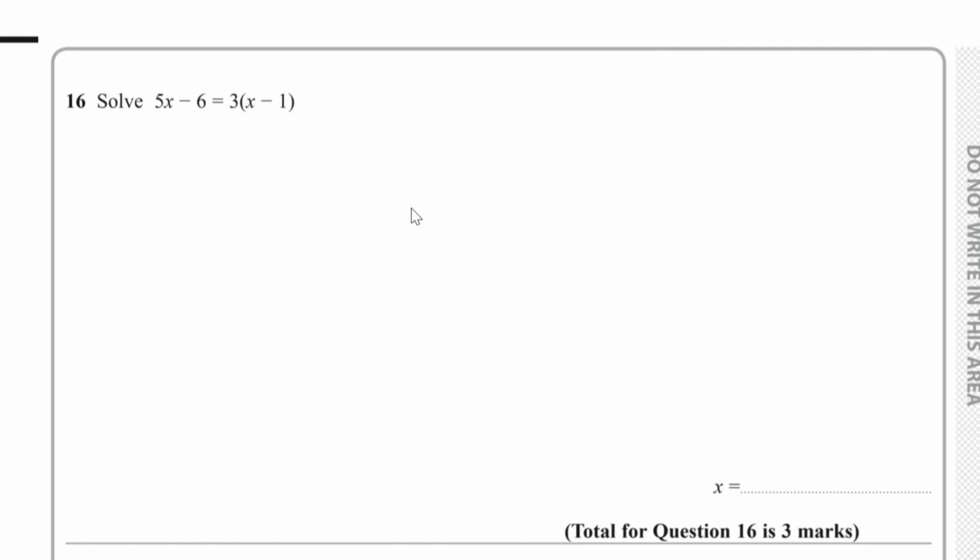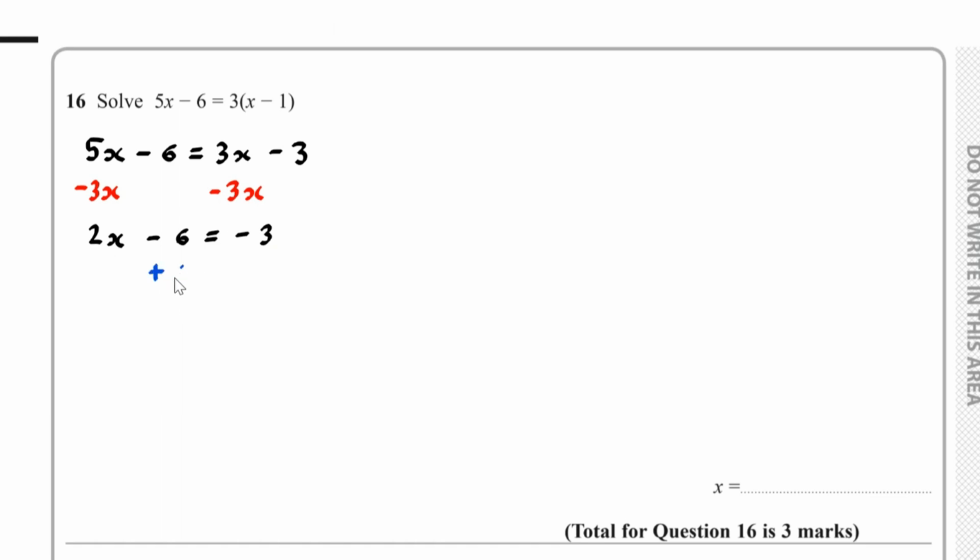Question number 16, we have to solve 5x minus 6 equals 3 times x minus 1. Well, what we need to do is expand on the right hand side. 3 times x is 3x, and then I've got 3 times minus 1, which is minus 3. So now if I solve this equation, well, smaller x is 3x. So if I subtract 3x from both sides, we are left with 2x minus 6 equals minus 3.